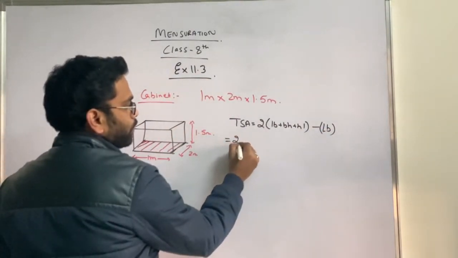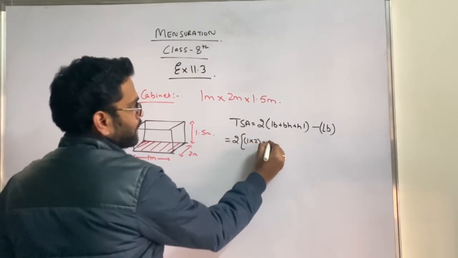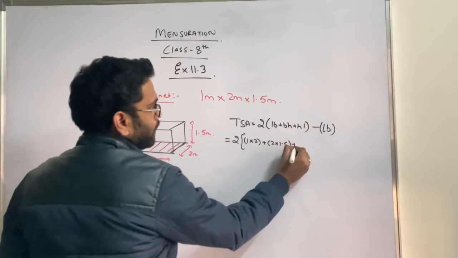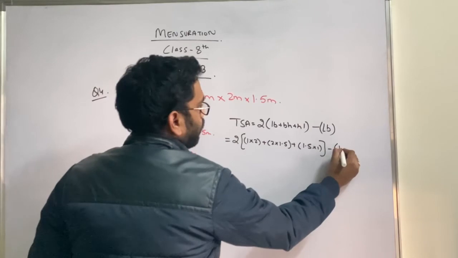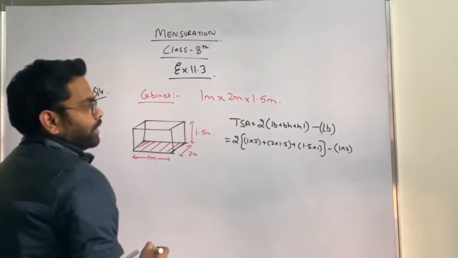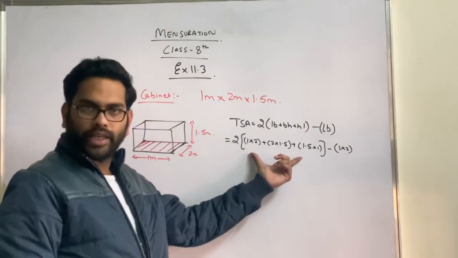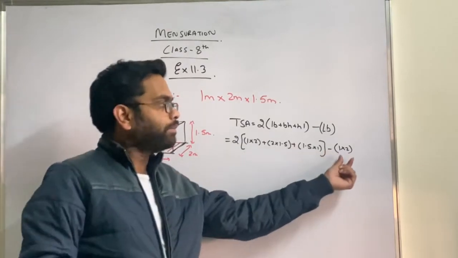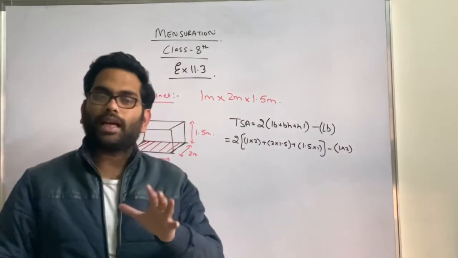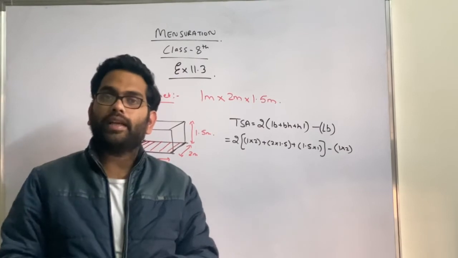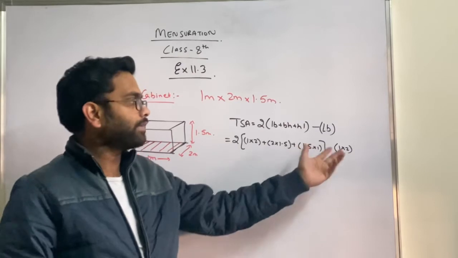तो अगर मैं इसकी वैल्यूज पुट अप करूं तो कितना होगा? 1 इंटू 2 प्लस 2 इंटू 1.5 प्लस 1.5 इंटू 1 माइनस 1 इंटू 2. मेरे ख्याल से आप लोगों को ये बात समझ में आ रही होगी. ये तो टोटल एरिया ऑफ द क्यूबॉइड है, बट इसके अंदर से हमने बॉटम एरिया को माइनस किया है क्योंकि रुखसार नीचे वाले पार्ट को पेंट नहीं कर रही है, इसलिए हमने इसको टोटल एरिया में से माइनस कर दिया.